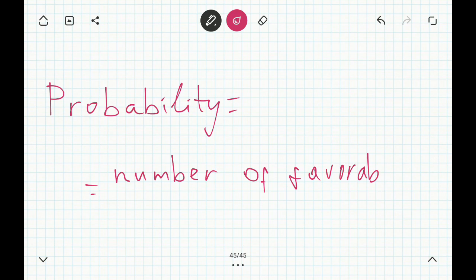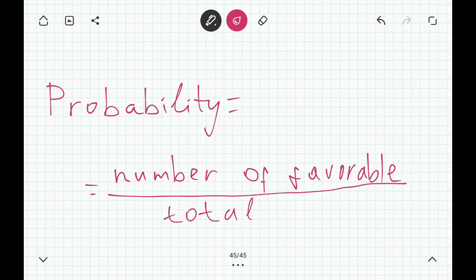So we take that number of favorable outcomes, and we divide it by total number of outcomes. And that's where our definition cracks.